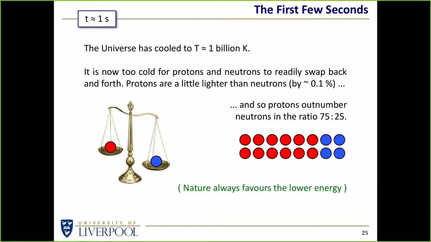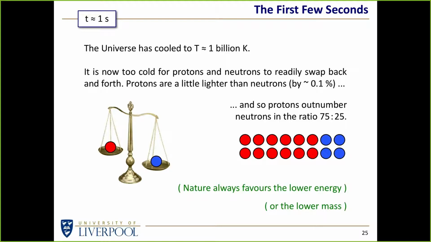In other words, nature always favours the lower energy, or in this particular case, the lower mass, which is effectively the same thing because of E equals mc squared. This is again a fairly fundamental property of physics. Given a choice, if you can make lots of things, you will generally speaking favour the lower energy or the lower mass. And because protons are a little bit lighter than neutrons, you end up with more protons than neutrons.